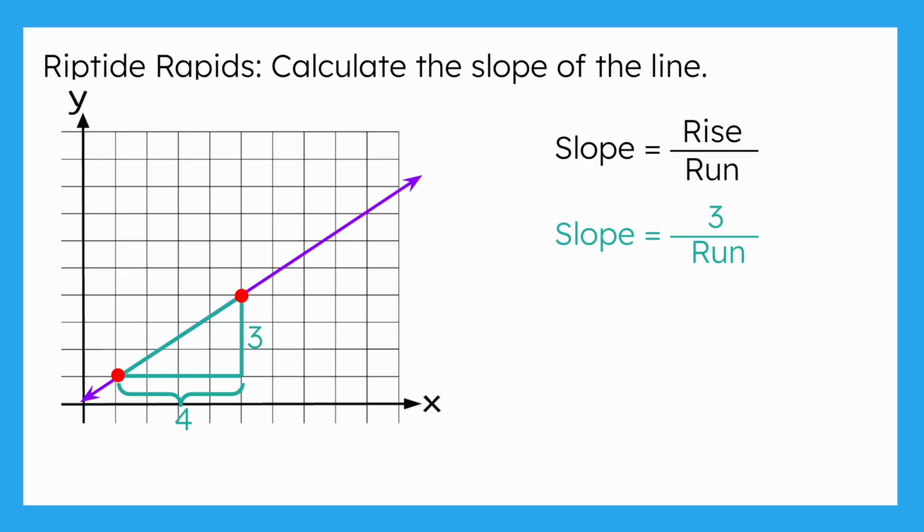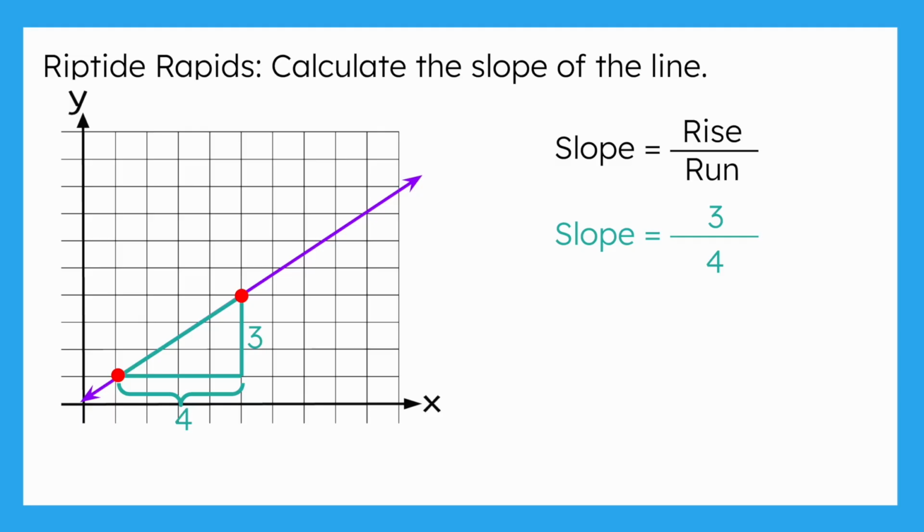That means run is the length of the triangle, so the denominator of the slope fraction is 4. That gives us a slope of 3 over 4. Does that fraction need to be simplified? Nope. No number divides evenly into both 3 and 4, so the fraction is as simplified as it can get.